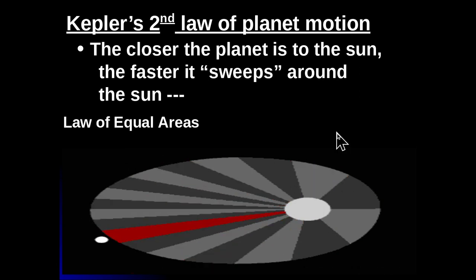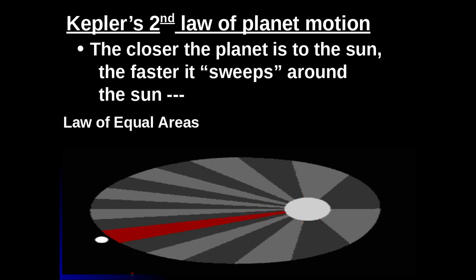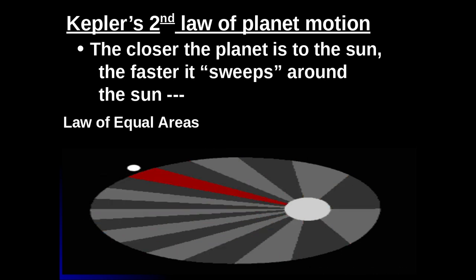Kepler had to say, well, if it takes the Earth, for example, 365 days to get around the sun once, which is pretty consistent, with the exception of leap year, we catch up every 4 years. But if we take pretty consistently 365 days for the Earth to get around the sun, and yet the sun is slightly off-centered, how do we allow the Earth to be consistent yearly around?